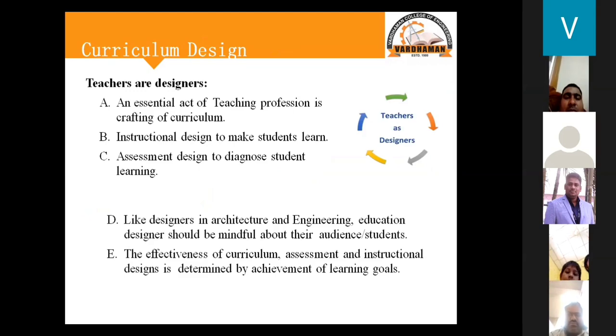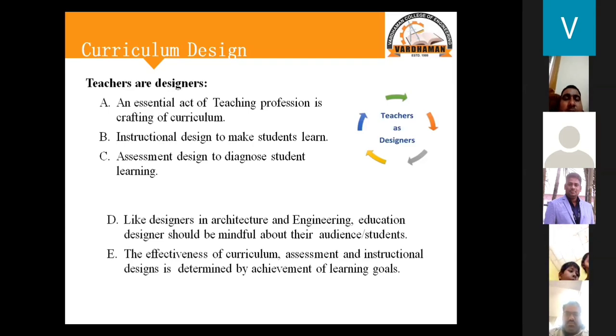As part of our teaching profession, we design the curriculum or a course, we design the instruction, and we design the assessment process. These are the three major focus areas where the teacher is going to make his menu ready.